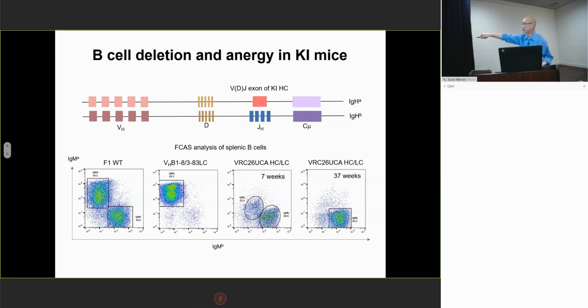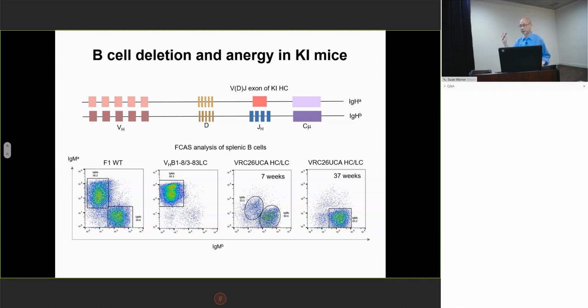You have a little bit of B cells expressing the A allotype antibody, which come from the knock-in heavy chain, but you can see their Ig level is very low. Usually these B cells are anergic. They don't respond well to immunization. When the mice get older, basically all you have is mouse antibodies. There's hardly any human antibody.